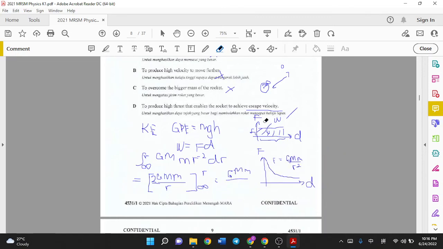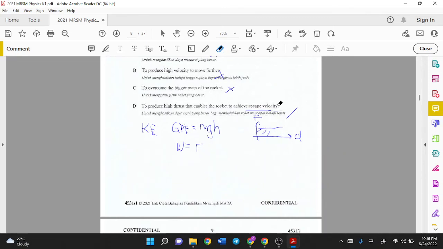So when you want to achieve the escape velocity, your escape velocity has to overcome the gravitational potential energy. So basically, your net force should be 0, right? F net equals 0. Net force is basically just the summation of your forces.